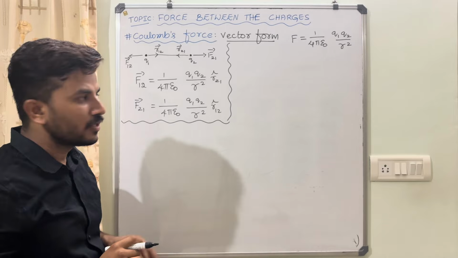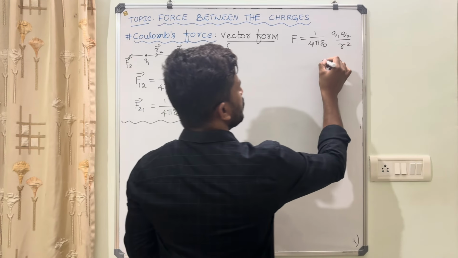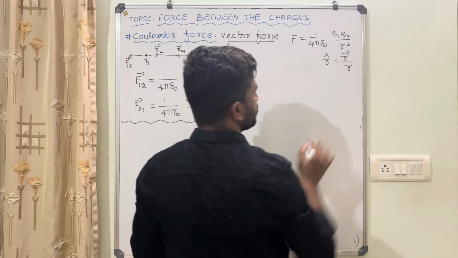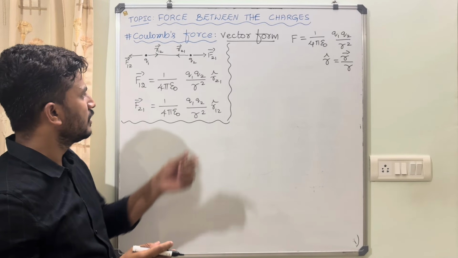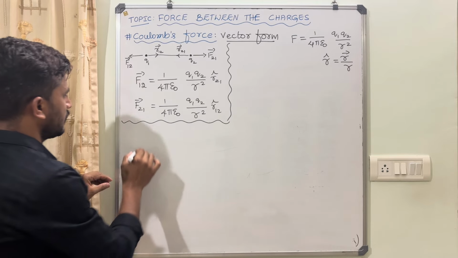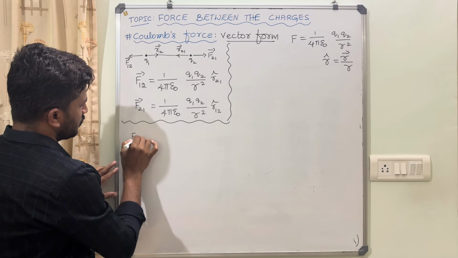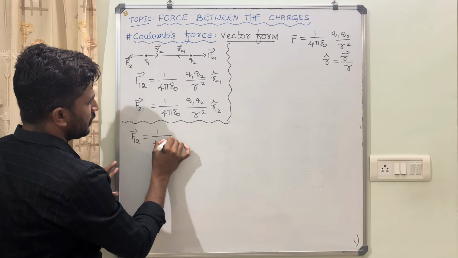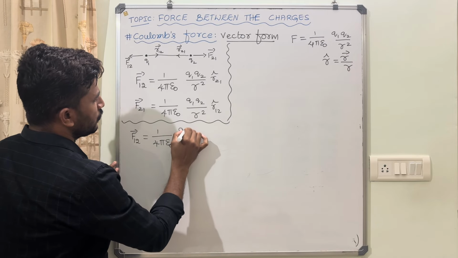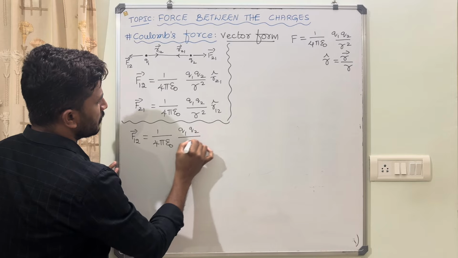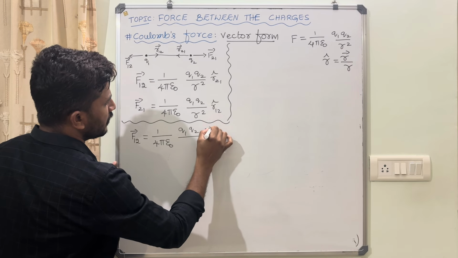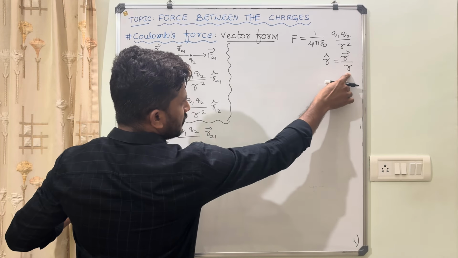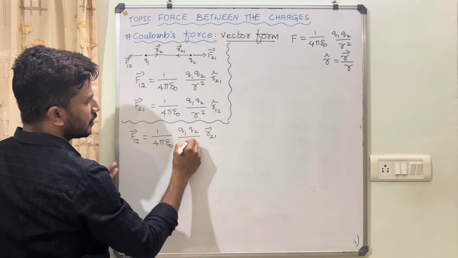So we know that the unit vector r cap can be written as r vector divided by r. If I substitute that here, what do we get? F12 vector is equal to 1 over 4 pi epsilon naught q1 q2 divided by r cube times r vector 21, since r divided by r square gives r cube.